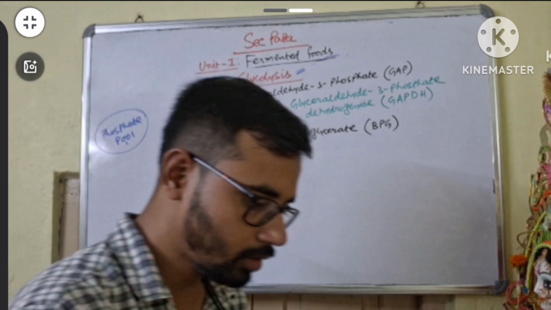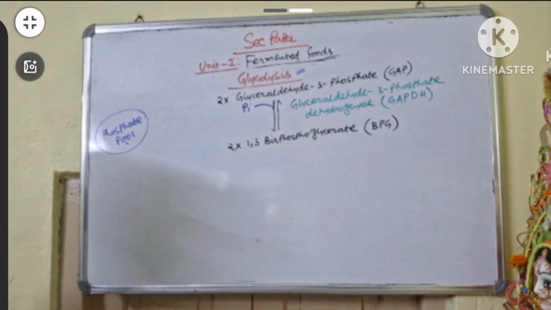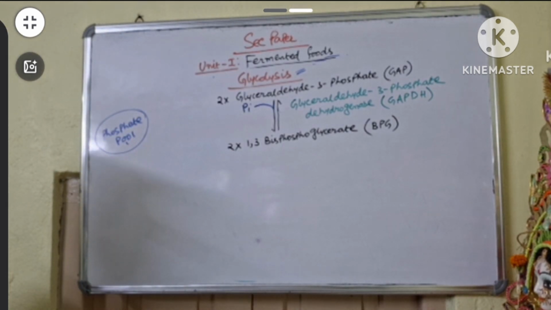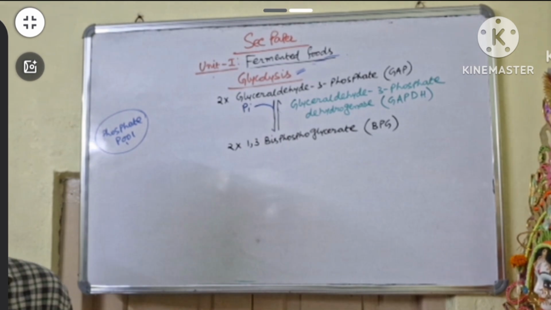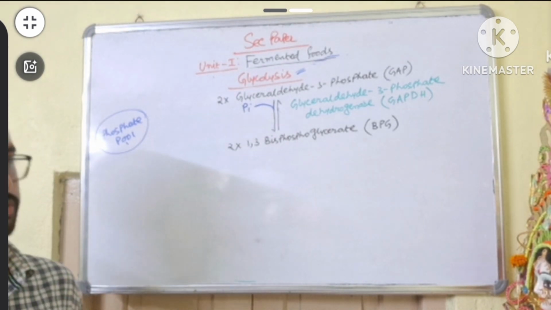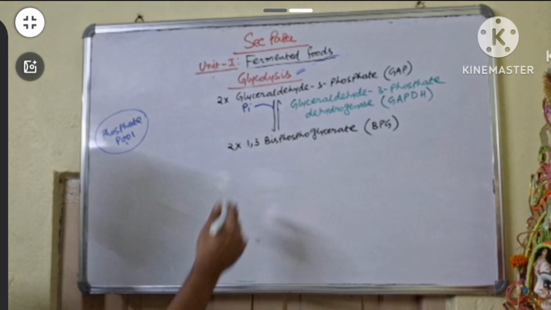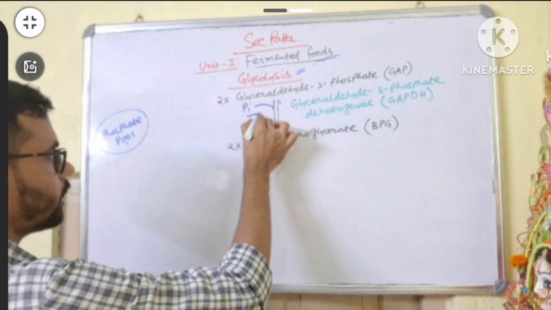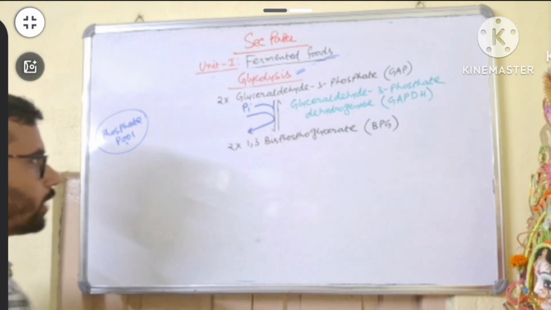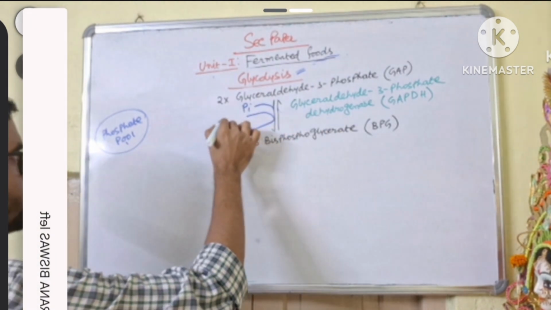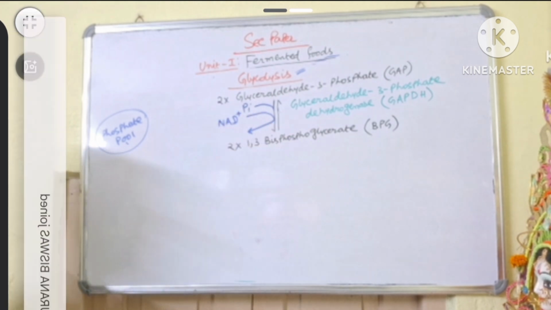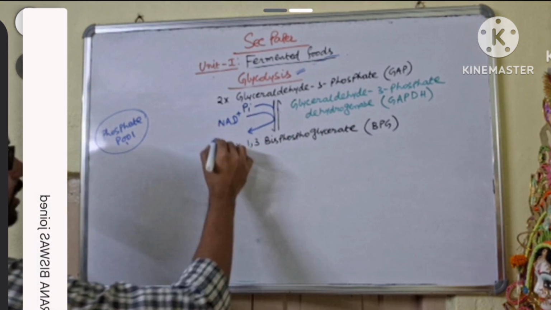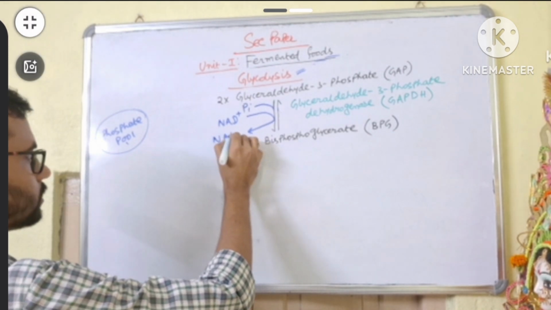The dehydrogenase enzyme not only added the phosphate group but also changed the substrate by oxidation reduction. All kinds of dehydrogenase enzymes are involved in oxidation reduction reactions. So here an oxidation reduction reaction occurred, and the coenzyme needed for this is NAD plus, which converts to NADH.